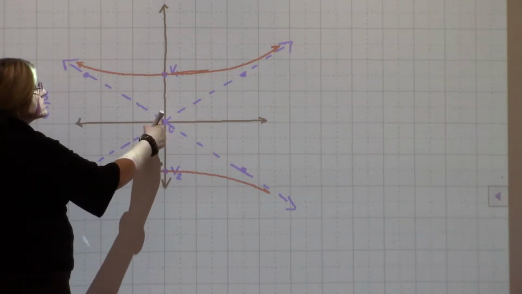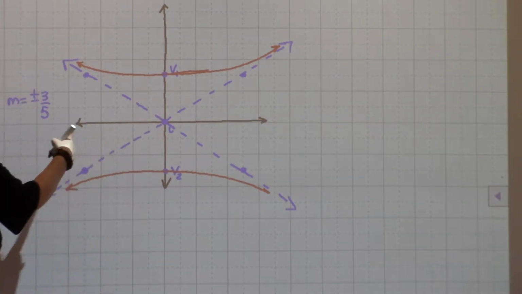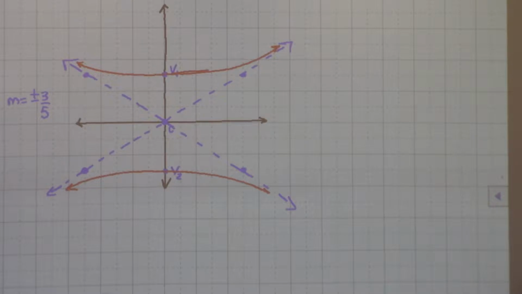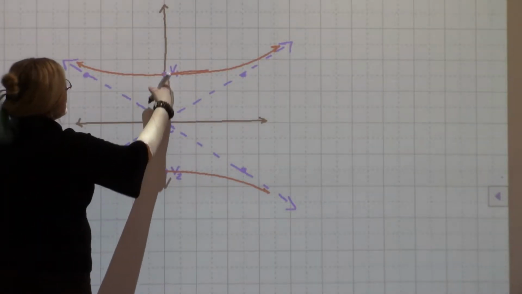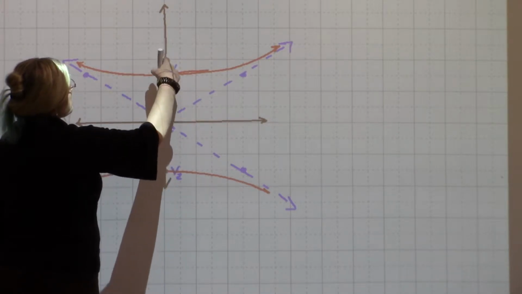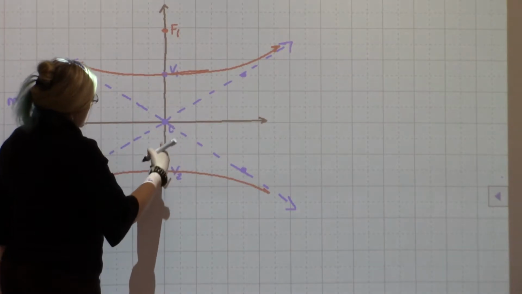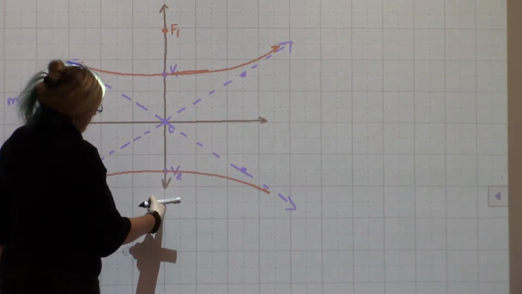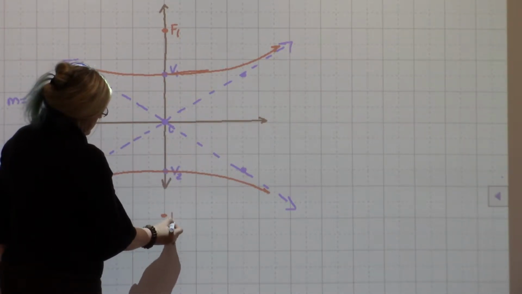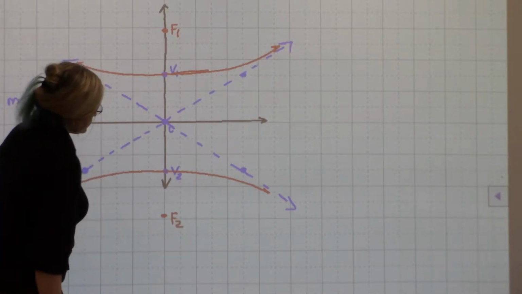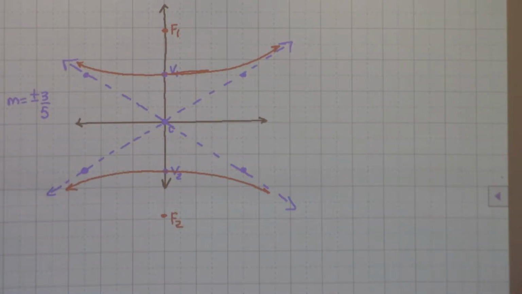How far from the center to the foci? Yep. C, which is 5.8. So we need to go 1, 2, 3, 4, 5.8 here. Here is foci 1. And 1, 2, 3, 4, 5.8 this way. And here is foci 2. And that is graphed.